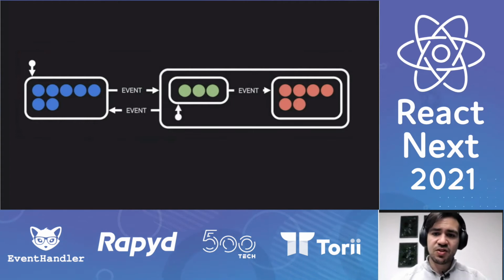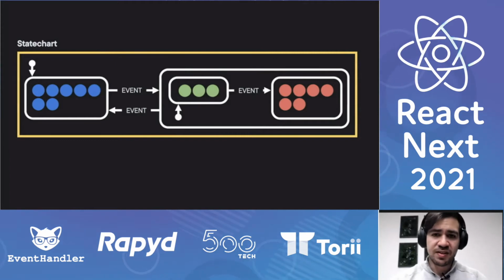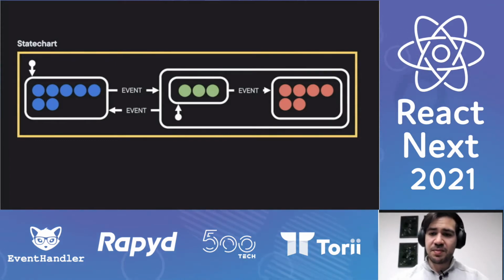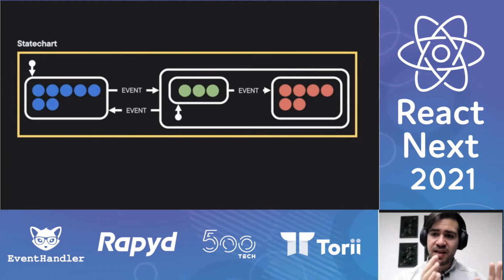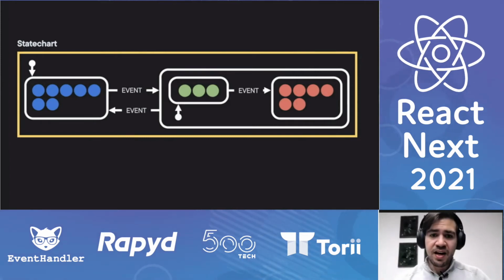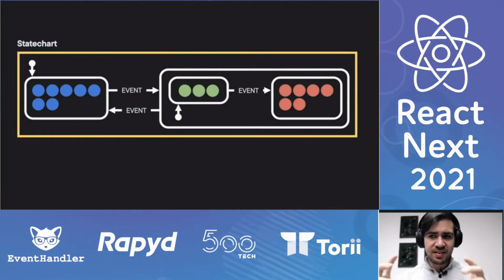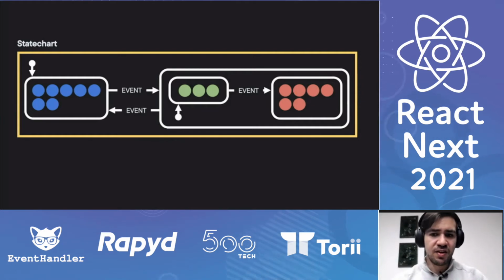And so that's where statecharts come into play. So statecharts, you could think of it as a superset of state machines. They include things like being able to nest states, being able to have parallel or orthogonal regions of states, which still fits with the idea that there's only one state at a given time, but now your state is a combination of two or more states.